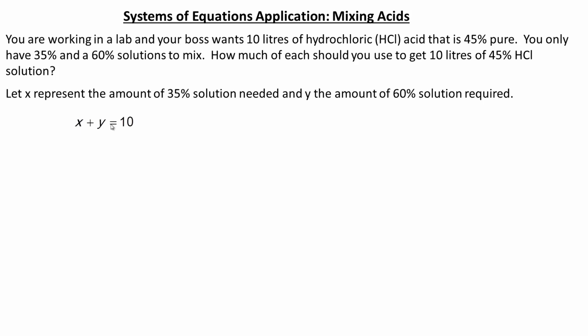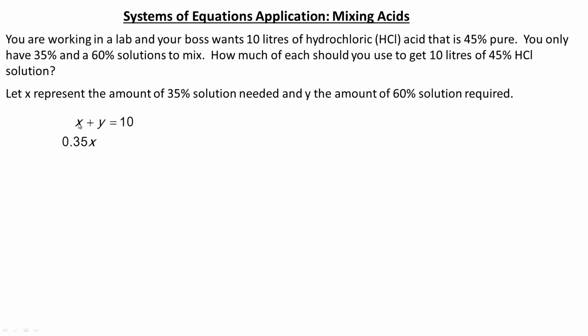The other one has to do with the percentages, the percent of acid specifically. The amount of acid you're getting from the X liters of the 35% plus the amount you're getting from the Y part has to add up to the correct amount of acid in your 10 liter final product.